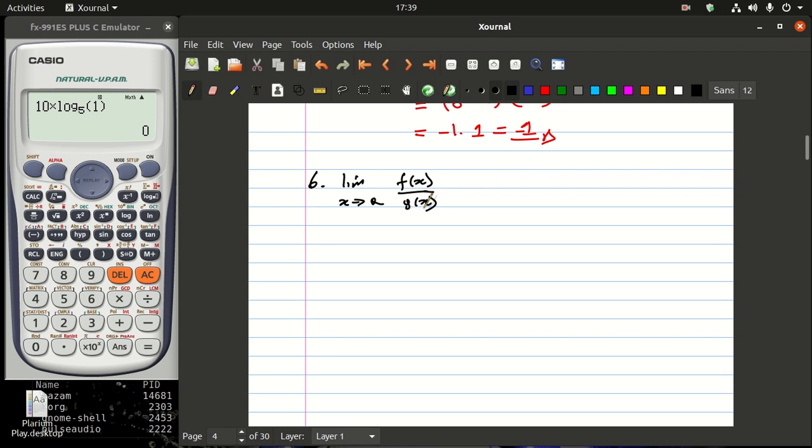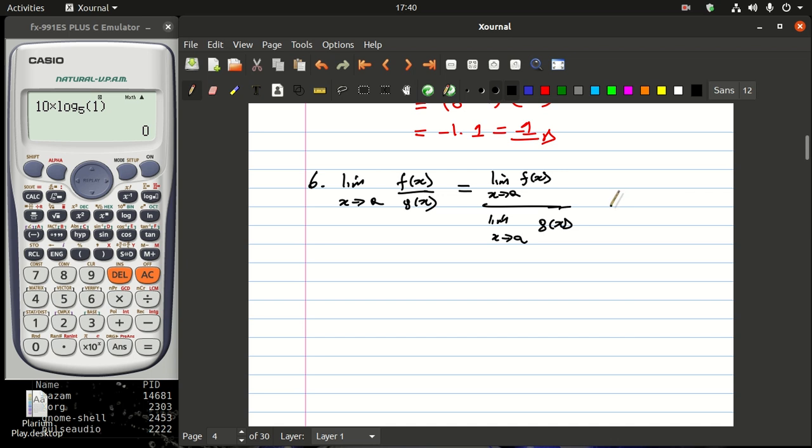Because if I'm getting a 0, I already know that this whole thing falls under 0 over 0 or a number over 0, and then we already know how to deal with it. So it cannot be boxed in here. So this one is going to be the same as the limit of f of x as x approaches a, all over the limit as x approaches a of g of x. That's what is important here.